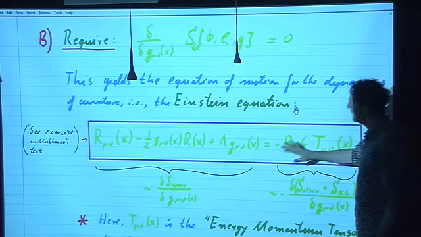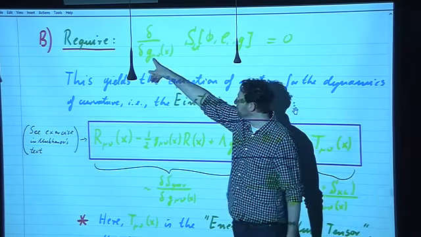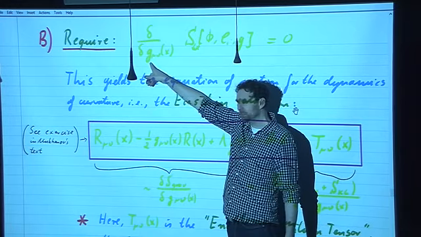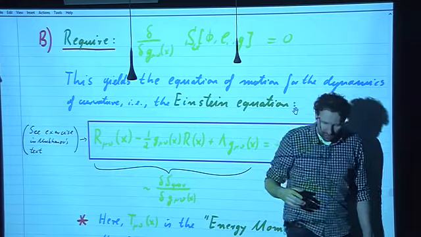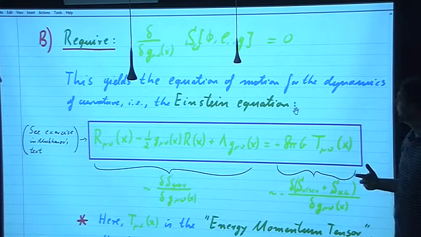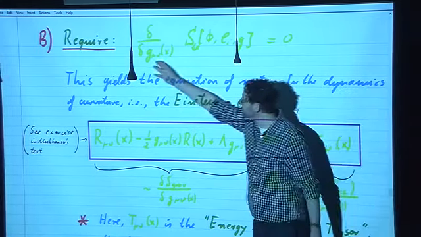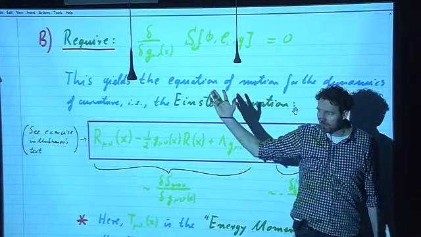What's very important to keep in mind here is that g_{μν} occurs all over the place in the action. It occurs not only in the Ricci scalar. g_{μν} occurs whenever two indices need to be contracted.